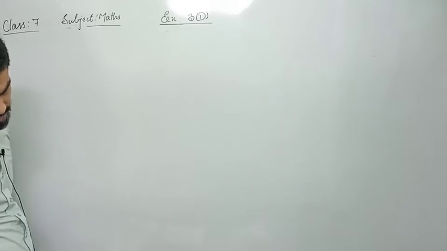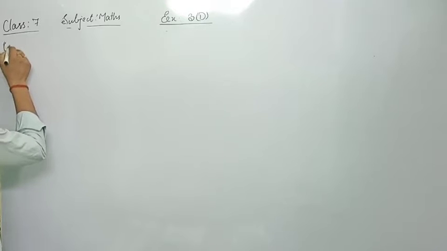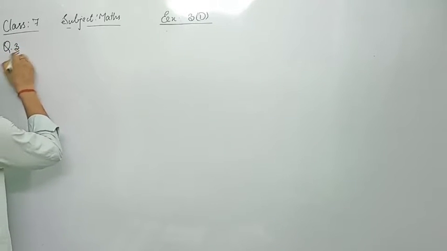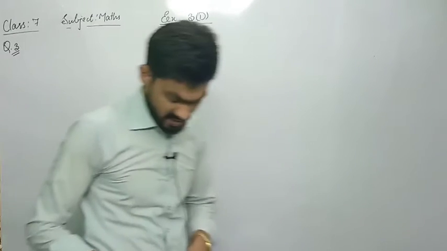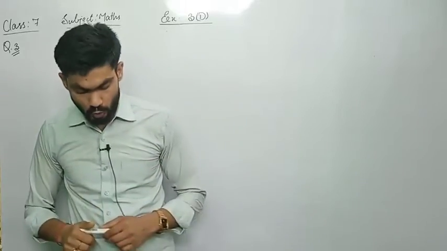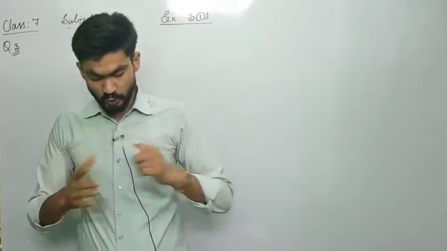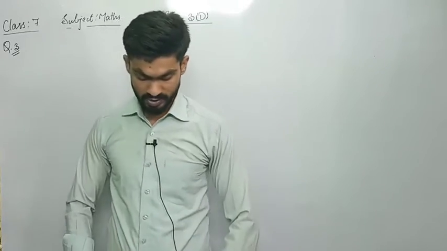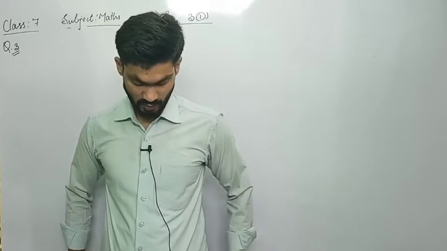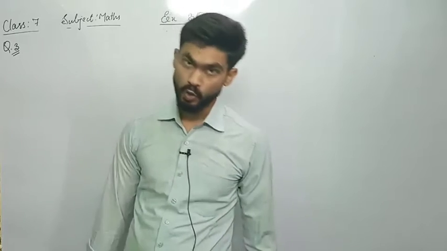Dear children, see question number 3. Question number 3 says that 4,225 soldiers are arranged in different rows so that there are as many rows as the number of soldiers in a row. Find the number of rows.